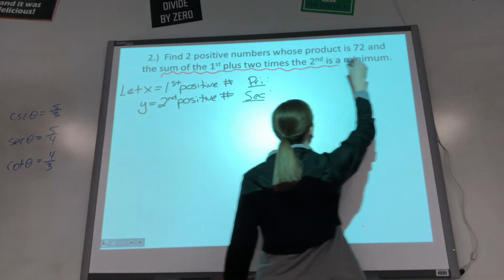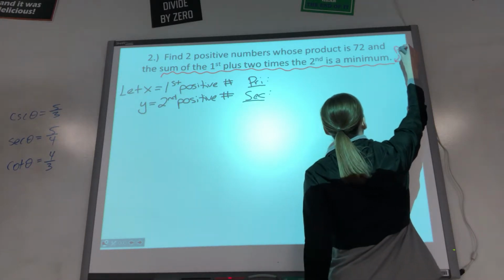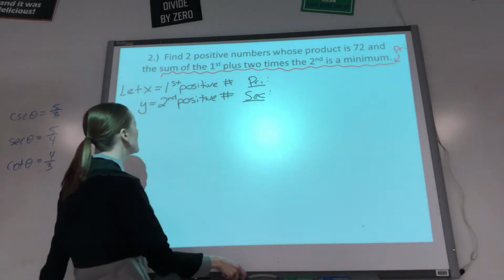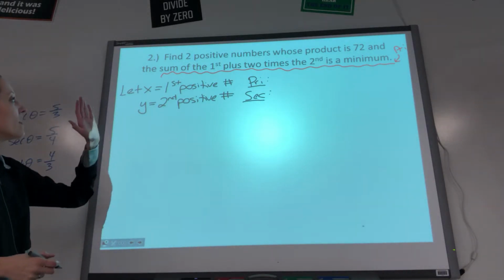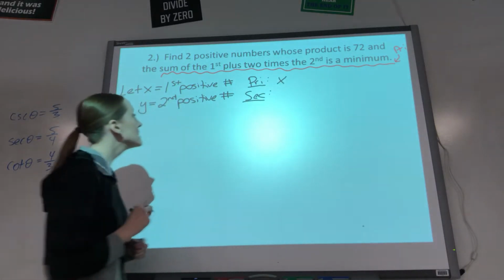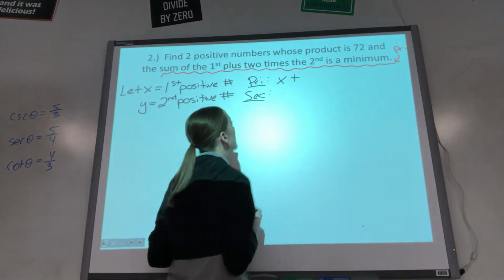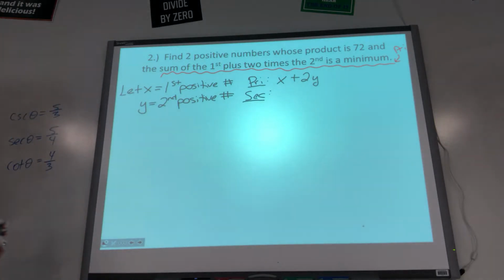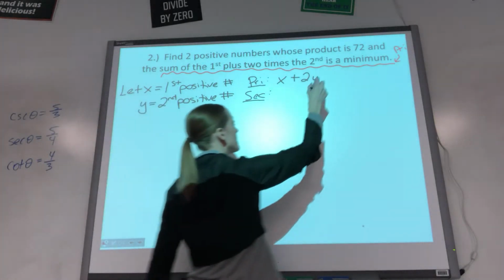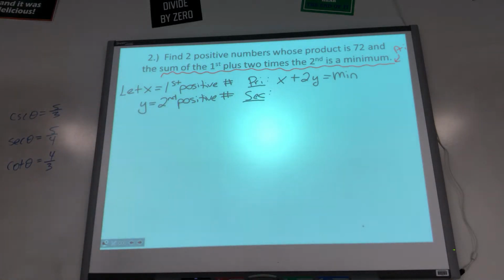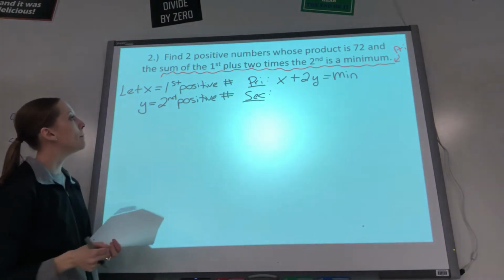So this part right here is going to help us set up our primary equation. It says the sum of the first plus 2 times the second. I'm just going to write that as 2y. Whatever that is, it should equal a minimum. So x plus 2y equals a min.